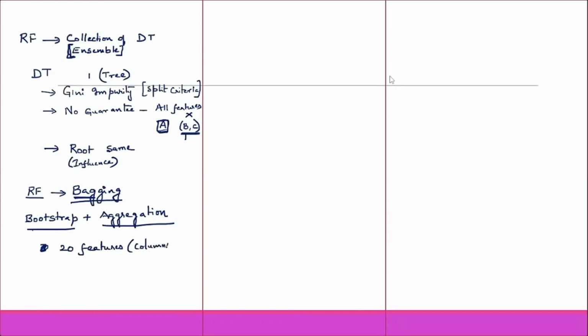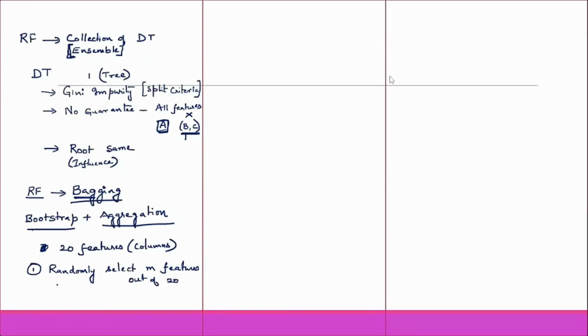Now, in random forest, what can very well happen is we randomly select m features out of 20.